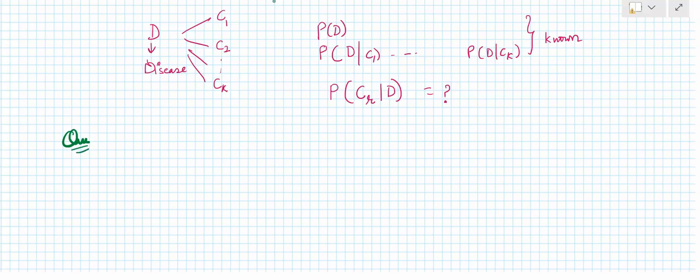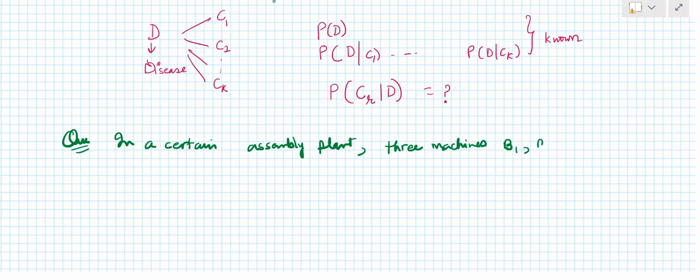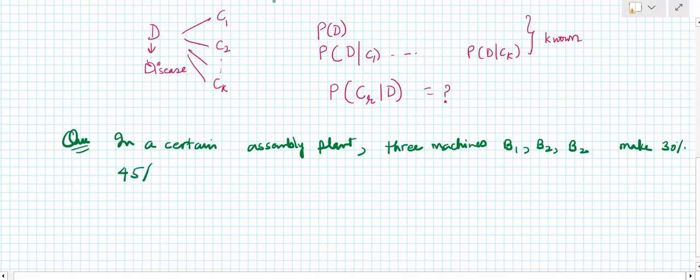In a certain assembly plant, three machines B1, B2, B3 make 30%, 45% and 25% respectively of the products.